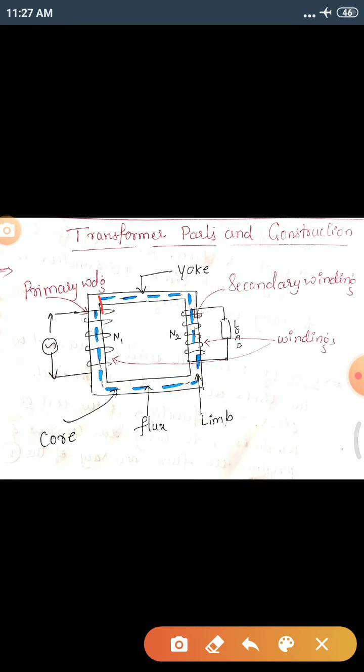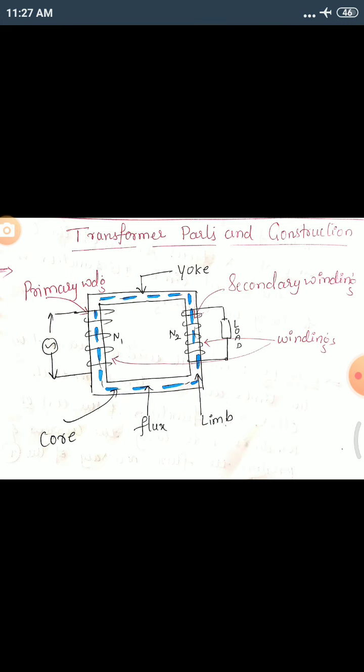First, the frame of this transformer. Observe, this is the frame of the transformer, which is called the core. In that core we again have a yoke part and a limb part.